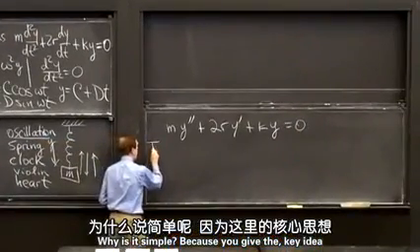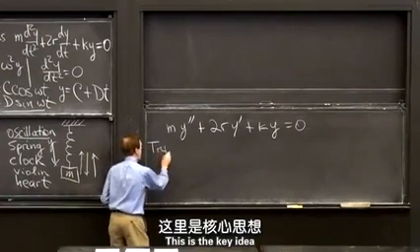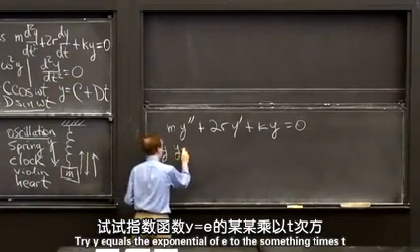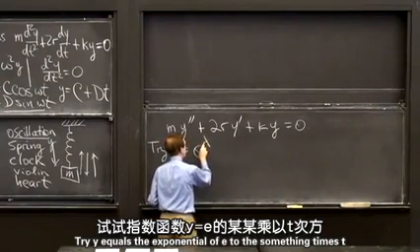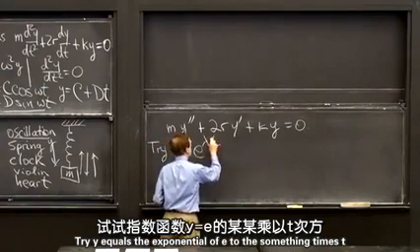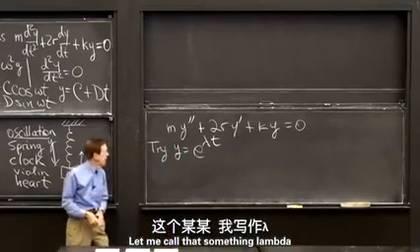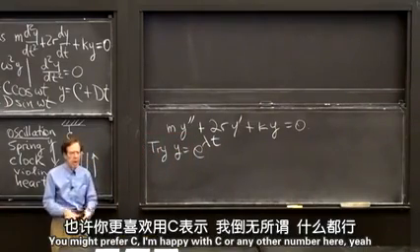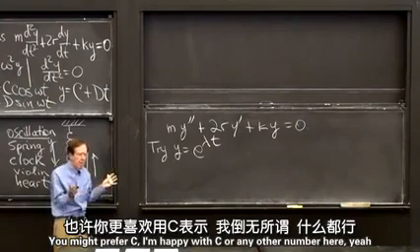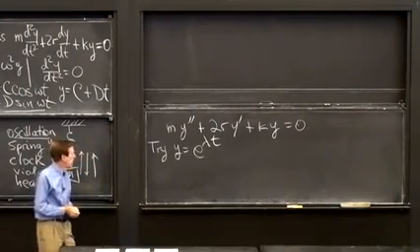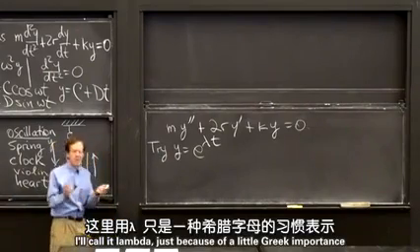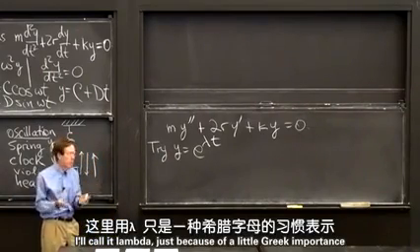Because the key idea is to try y equals e to the something times t. Let me call that something lambda. You might have preferred c. I'm happy with c or any other number there. I'll call it lambda just because it gives it a little Greek importance.